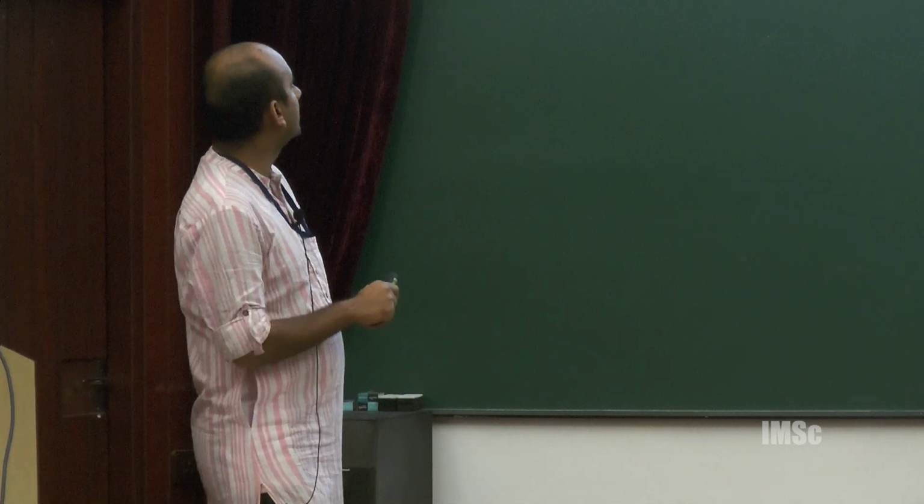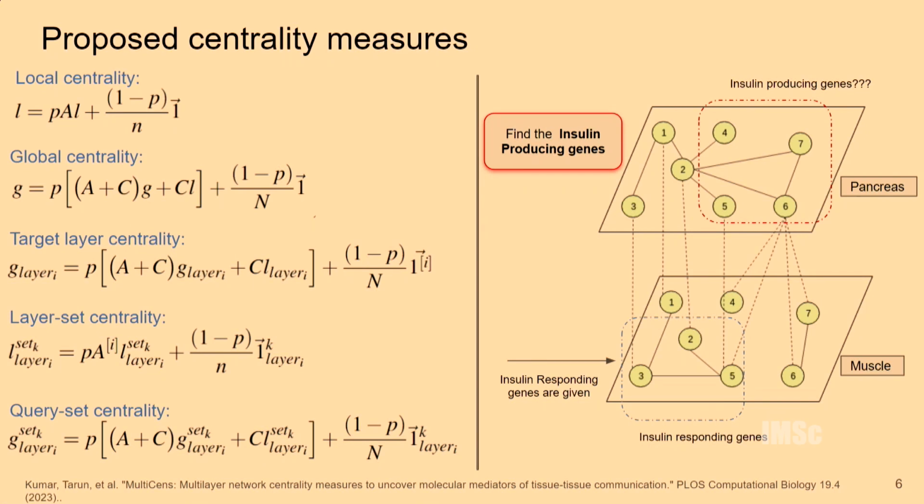What they capture here is, each gene has a local impact which is limited to only that particular tissue. That is captured by this top equation. It is very similar to the PageRank equation, if people are aware of that literature. And if instead of A, which only captures within-layer connections, we also use C, it represents something called global centrality.